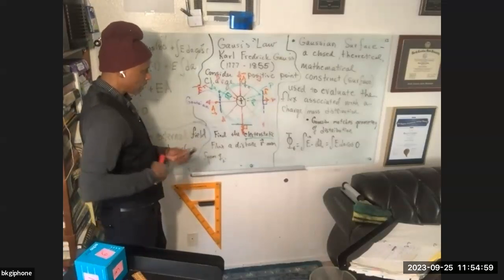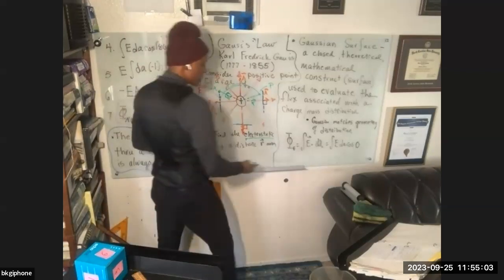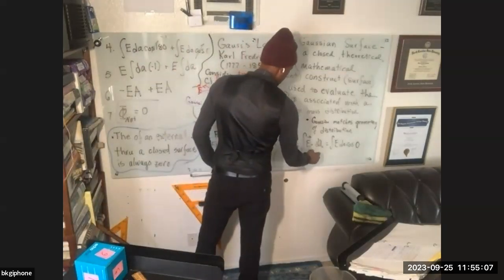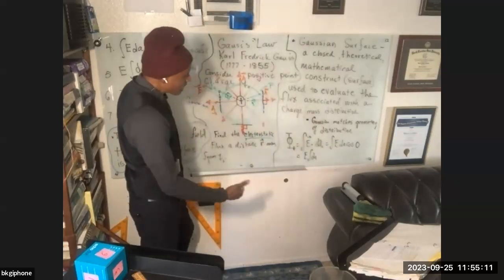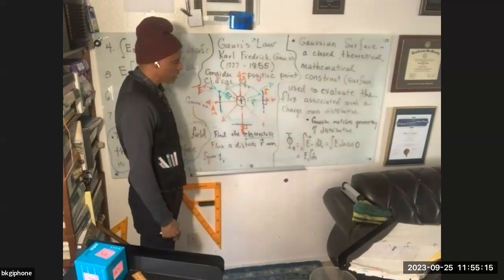So as I said, E is constant. It comes out of the integral. So we really then just have E times the integral of dA. And again, this is a triple integral, that dA. But we don't have to do it because we know what the area of a sphere is. We already know what it is, so we just use it. It's 4 pi r squared, as I said.